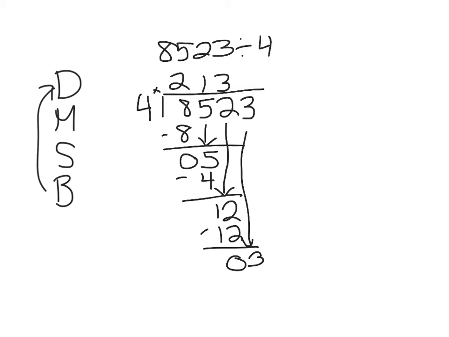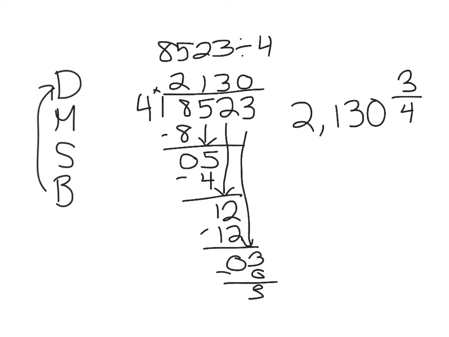Now we have 3. 4 goes into 3 0 times. It cannot go in there. And 4 times 0 is 0 with a remainder of 3. So I have 2,130 and 3 fourths. So that would be our final answer.